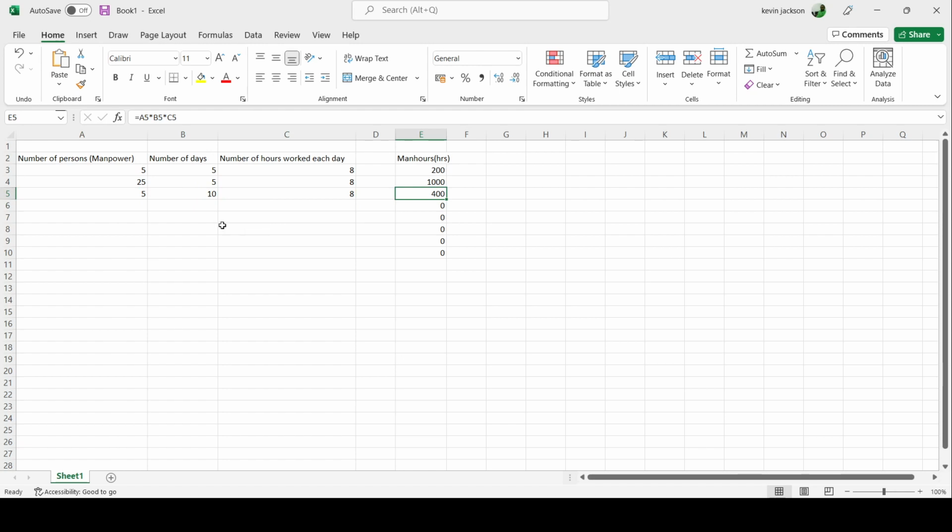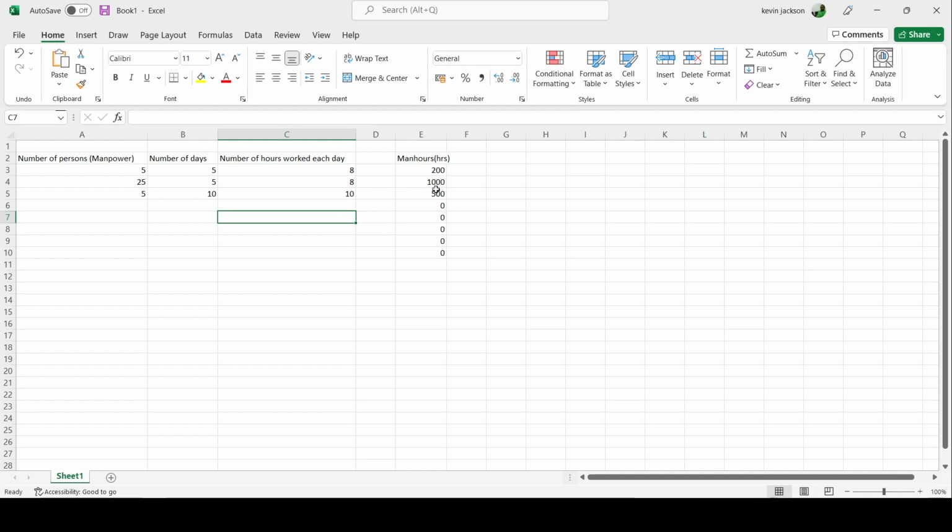So suppose we have 5 men and they're working for 10 days, but they need to output 1,000 hours of work. We could multiply this by a factor to figure out what will give us 1,000, or we could put some numbers in here on the number of hours worked each day and see.